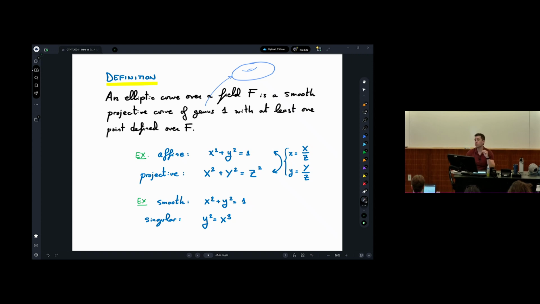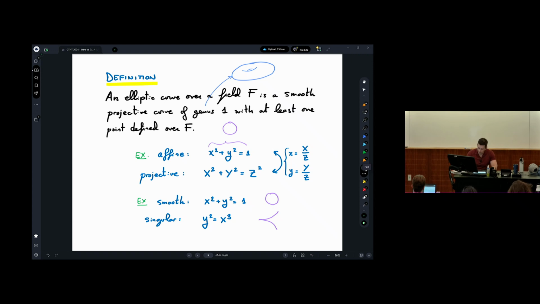Smooth means that there is no singularities. So if you take your defining equation, for example, just as an example here, what is this? This is a circle, so it's just a graph like that, so it's smooth. Otherwise, I have right here an example of something that is smooth. This one is singular because at 0, 0, there is what we call a cusp.